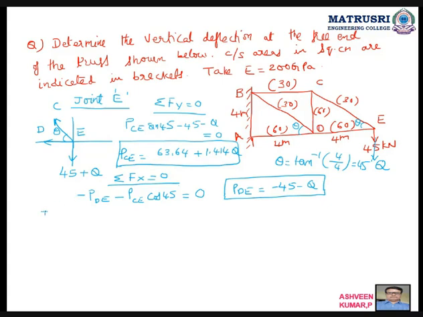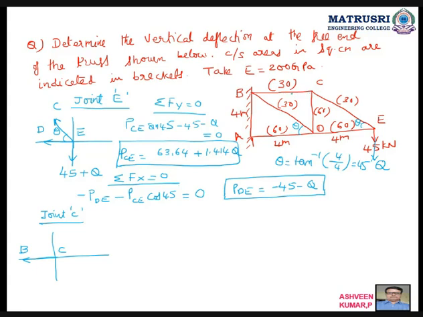So first, joint C. I am drawing the force diagram, or vector diagram. At C we have CB, this is B, and this is D. Always I take the forces away from the joint.